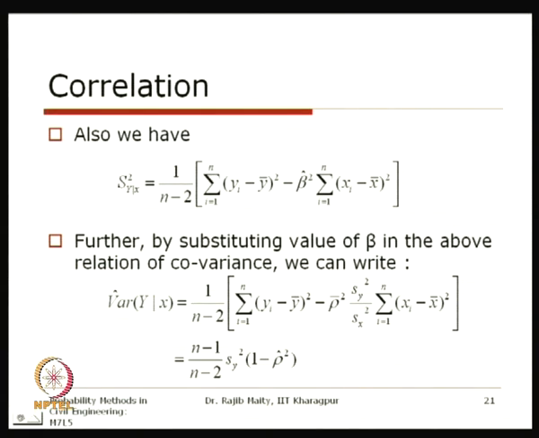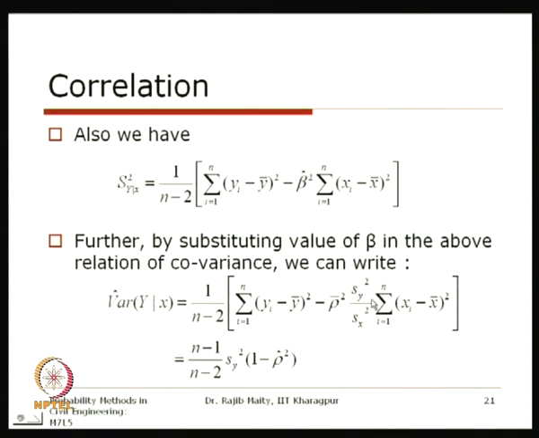If we put the estimate of beta hat in terms of the correlation coefficient and the variances of y and x, then we can write the conditional variance as 1 by n minus 2 times this expression, and in place of beta hat square we write rho hat square, the estimate of the correlation coefficient, multiplied by s_y square over s_x square.